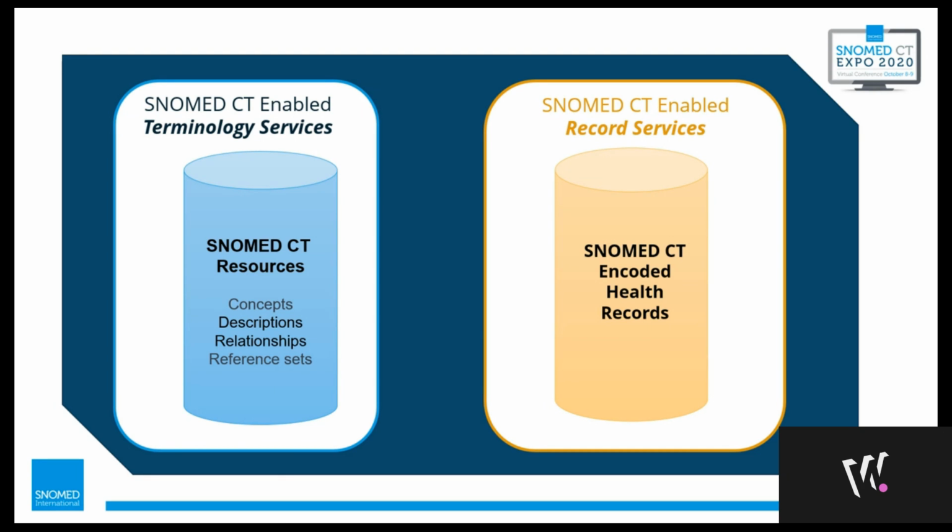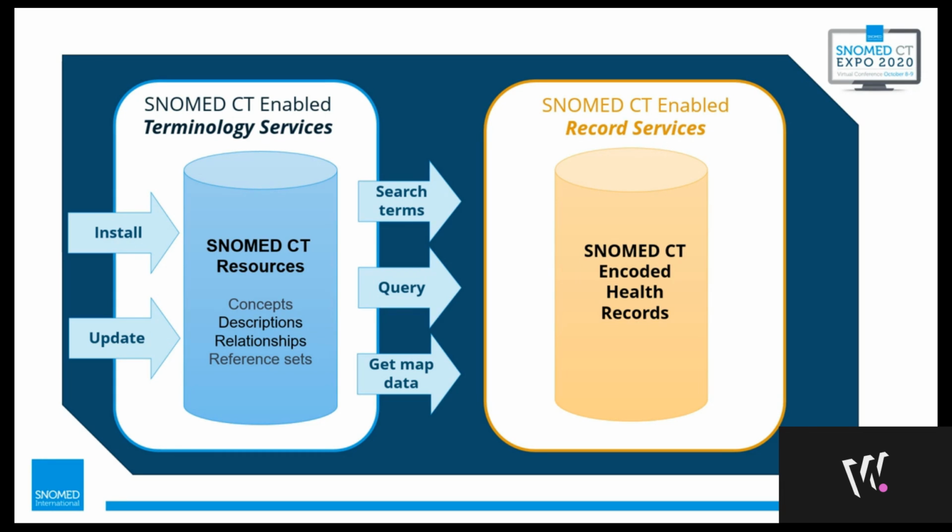As shown on the left of this diagram, key terminology services are based around a data store of SNOMED CT resources, including concepts, descriptions, relationships, and reference sets. On the right-hand side, you can see that SNOMED-enabled record services are based around a data store of patient health records that contain SNOMED CT codes.